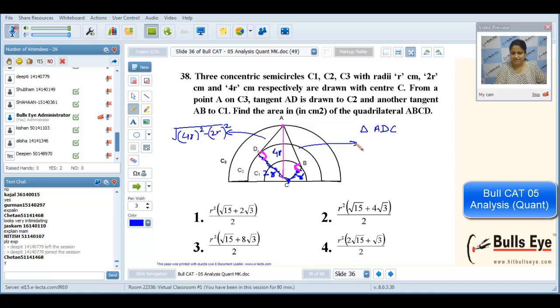Similarly, AB will be square root of (4R) whole square minus R square. Since in both the triangles we know base and height, and we want to calculate the area, we will apply the formula half into base into height. We will calculate the area for both the triangles, and that is done.